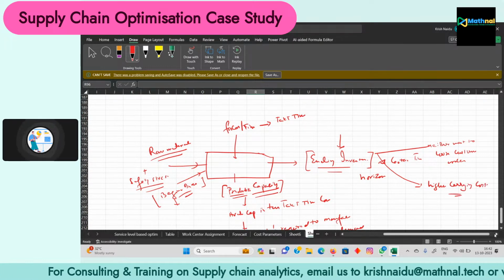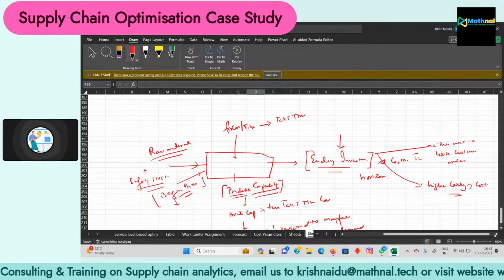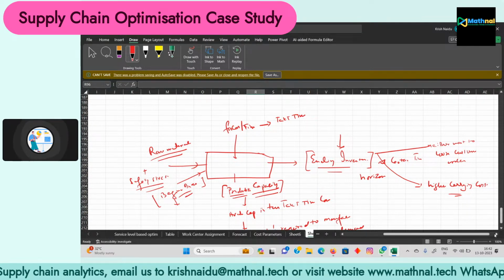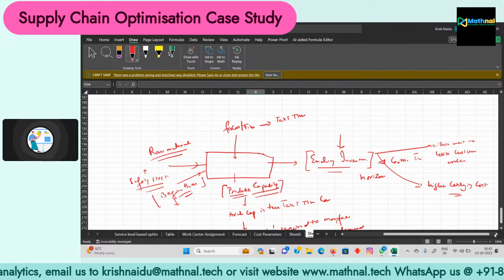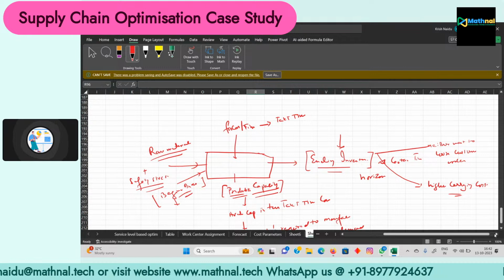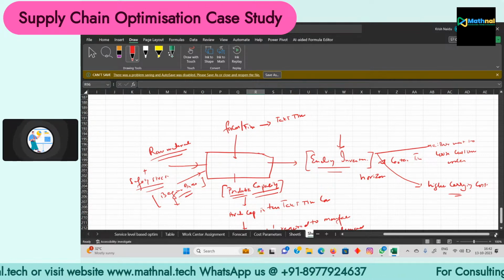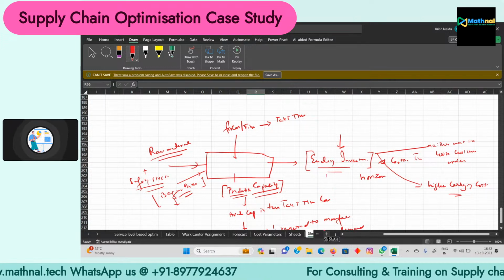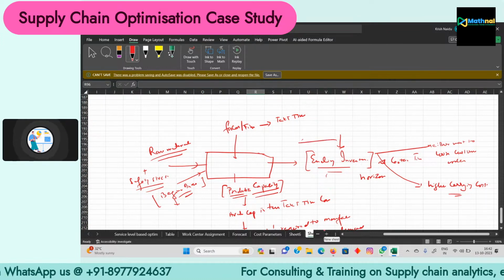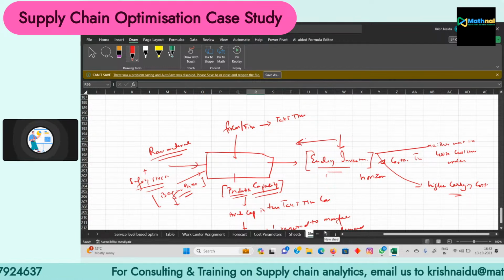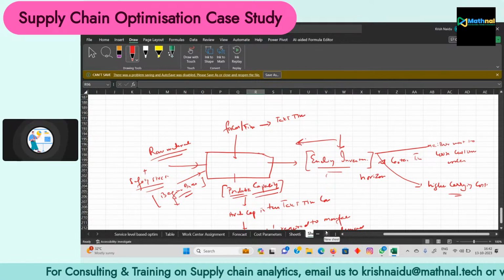Our model must know the limits, that is, what ending inventory it should have. The ending inventory decision should be based on not losing customer orders as well as not building higher inventory and higher carrying cost. That is what we need to give as input to the model, or to the factory: what ending inventory they should manage.